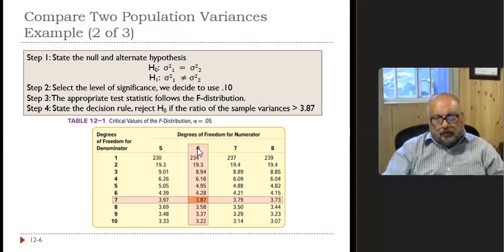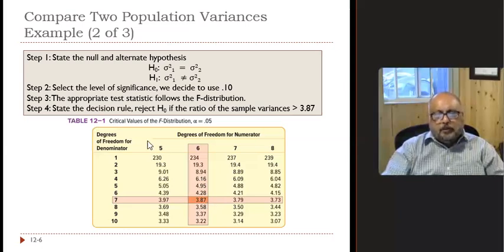So we can look at 6 versus 7, and they intersect here. The 3.87 is the critical value that we need to consider. Once we have a critical value, we compare the test statistic against it.